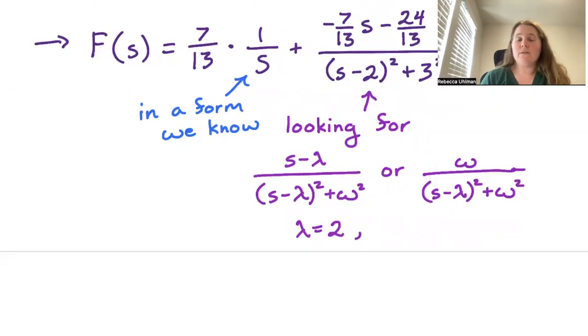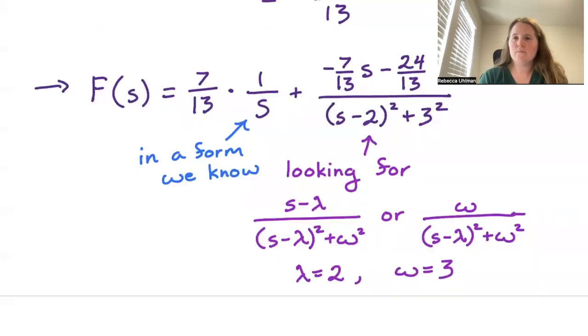So essentially what we need to do is rewrite -7/13 s minus 24/13 as a linear combination of those two possible forms.